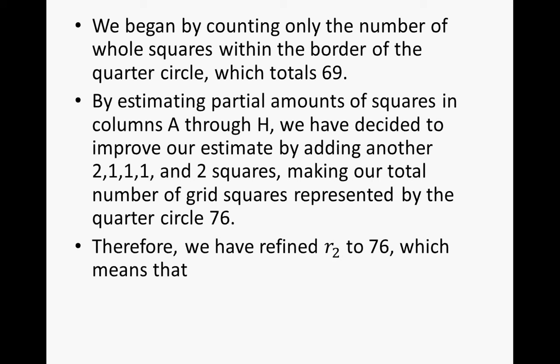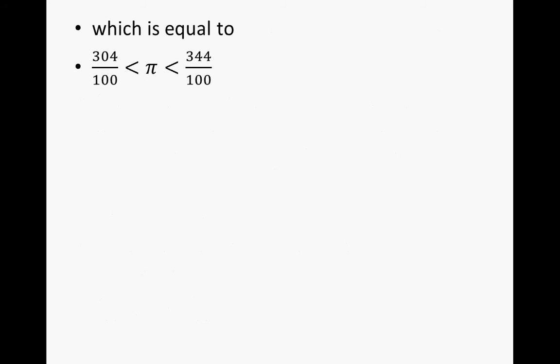Therefore, we have refined R sub 2 to be 76, which means that 76 hundredths is less than pi divided by 4, which is less than 86 over 100. And this is equal to 304 over 100 is less than pi, which is less than 344 over 100.